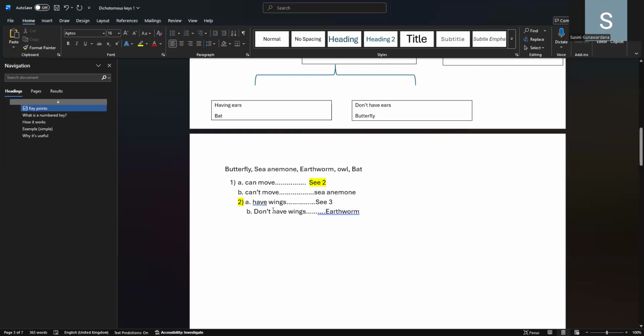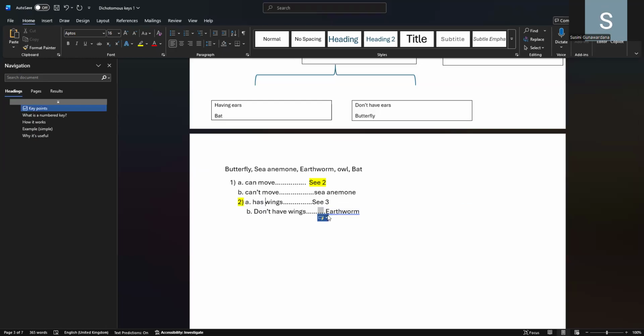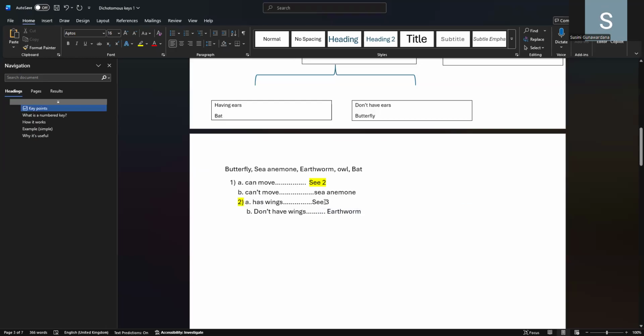Right? Then again, this 3 will be indicated in here. So I am putting 3 over there. And that 3 will be indicating bat, owl, and butterfly.